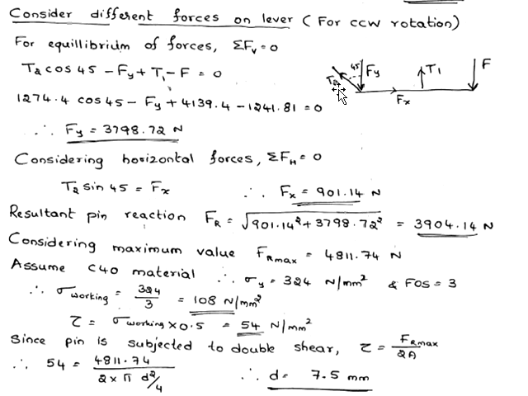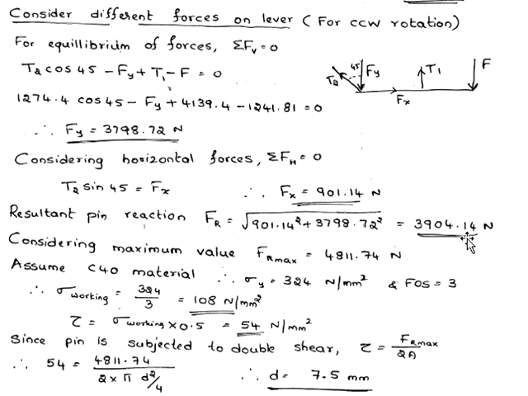T2 cos 45, vertical component of T2 minus Fy plus T1 minus F. Substitute all known values, you will get Fy. Similarly, equate all horizontal forces. T2 sin 45 is equal to Fx, you will get Fx value. Take resultant pin reaction, square root of Fx square plus Fy square.